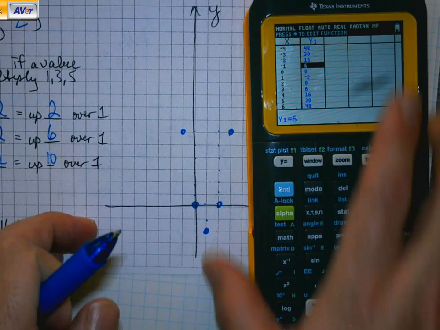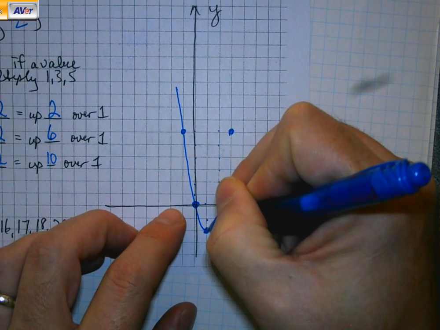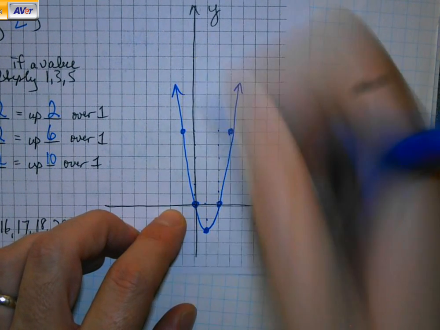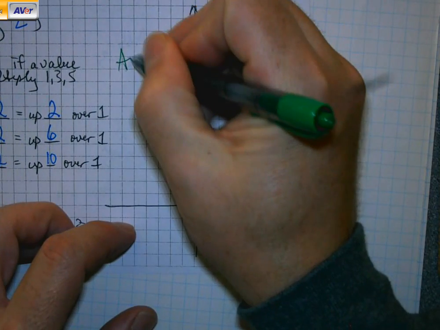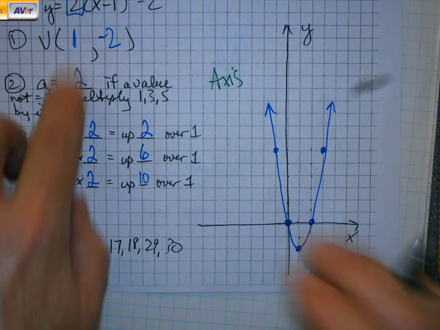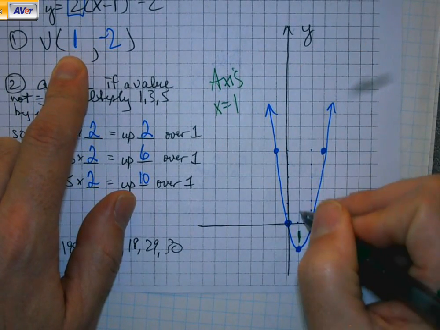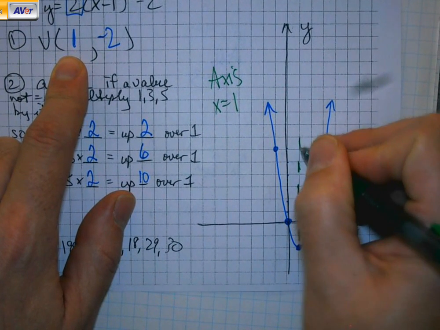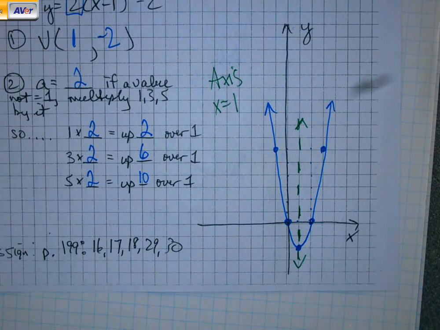It's the same points. Connect the dots. Get my axis of symmetry in again, stealing from the good old x value of the vertex. And I'm good.